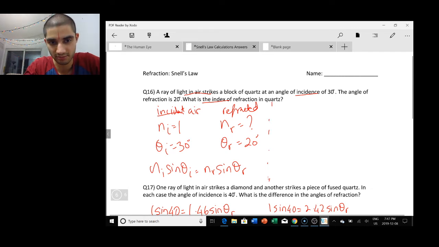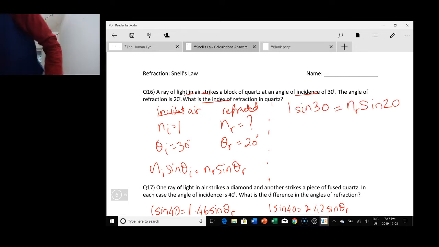Okay, so now I'm going to put these values in here. So I have 1 times sine 30 equals Nr, which I don't know the value of, I have to find that, times sine 20. The easiest way to solve this question is to use my calculator.